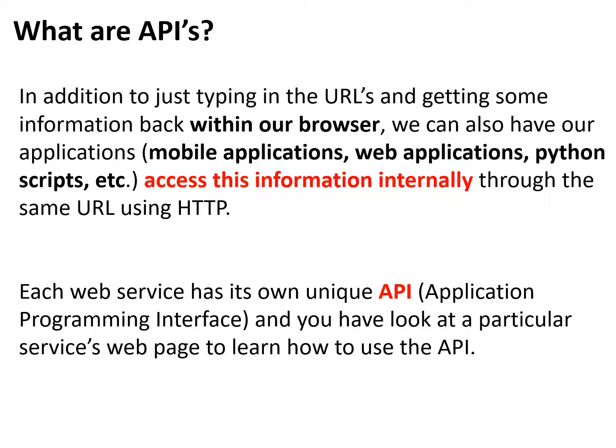You would have to look up the particular web service, and usually there's a place in there where it talks about the API. You just have to go in there and look around and see what that URL would look like, and what some of the possibilities are for typing in that URL. What if we want to search for certain things, or sort it a certain way? That's where we have to find the particular web service's API and find out how to do those kinds of things.